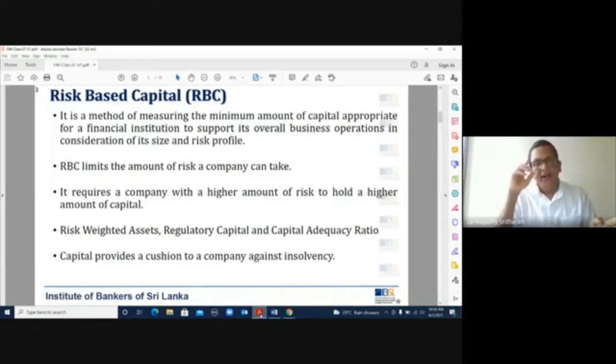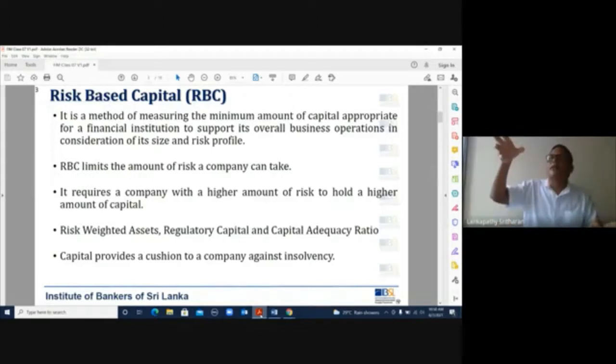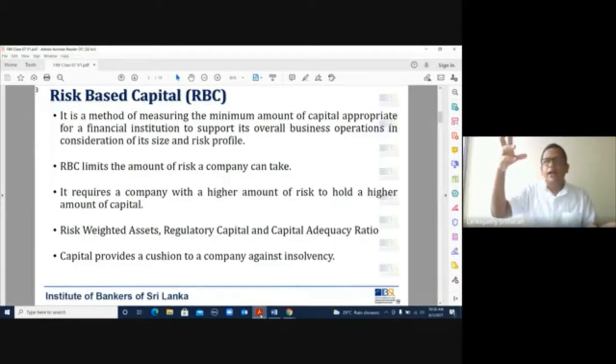For example, in their total assets, there's a formula. If it is government securities, the risk is very minimum, so the risk weight is 0. If it is loans and advances granted to AAA rated companies, like in Sri Lanka, I think SLT, Dialog and those kinds of good companies, the bank risk weights them at 50%.